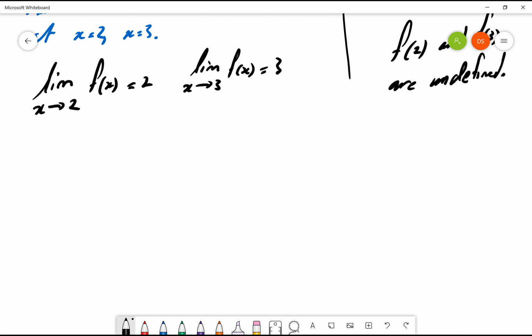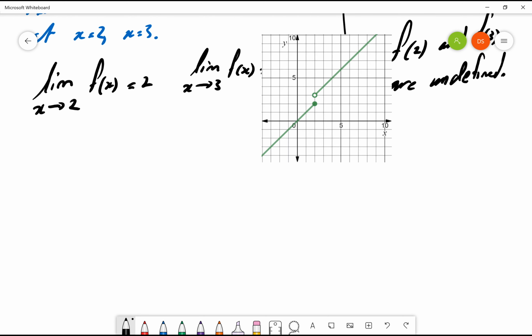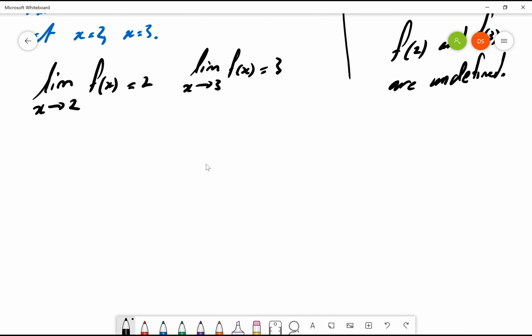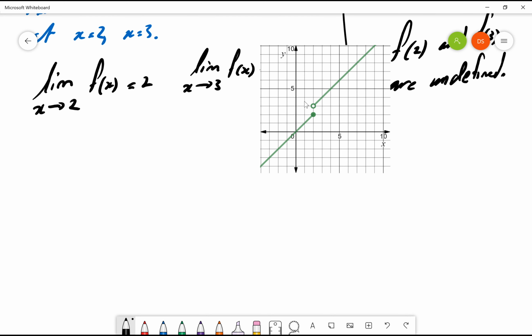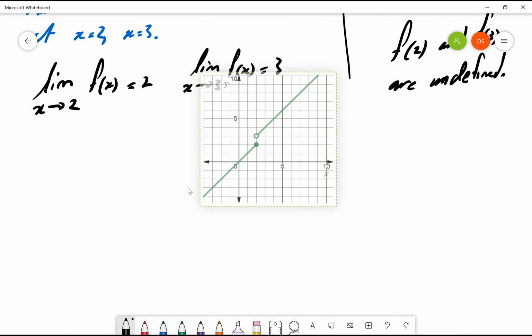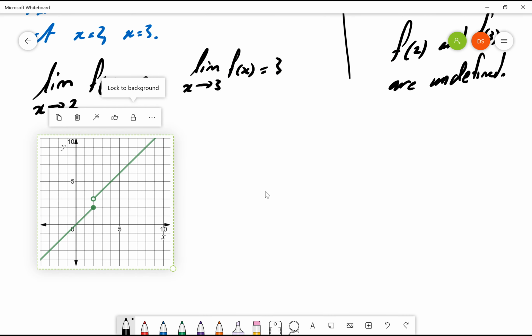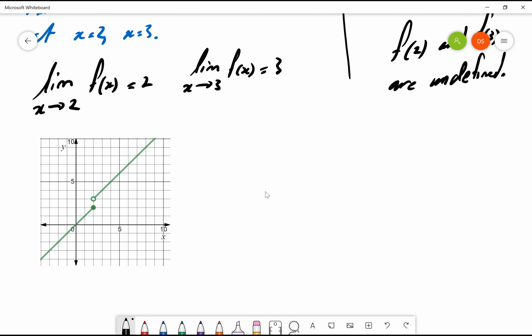Okay, here's a function. Look at this function. Tell me, what is f of x? Okay, no. Let's go read.